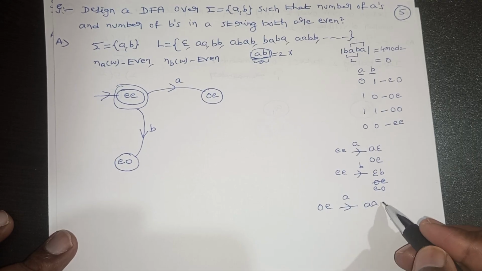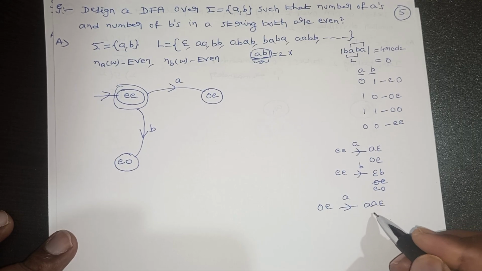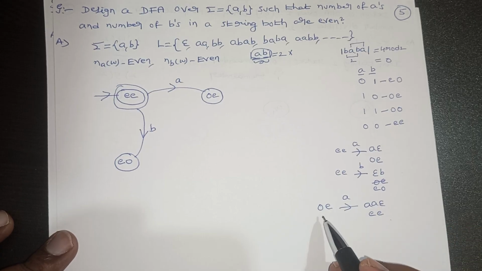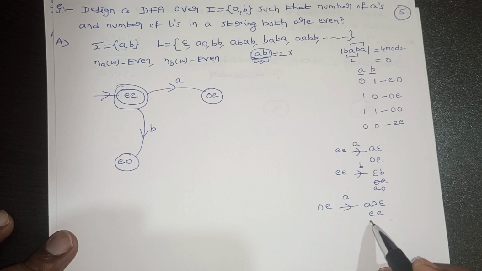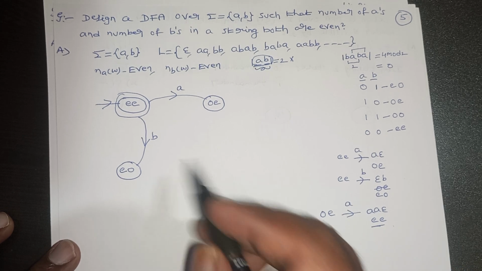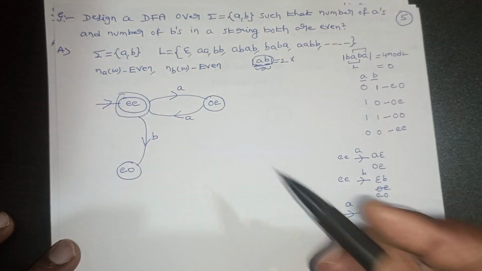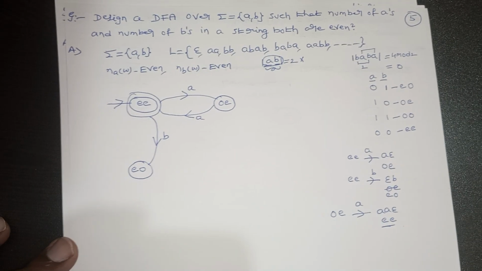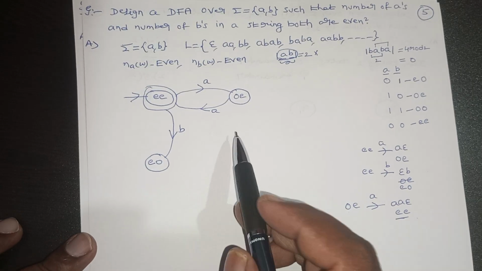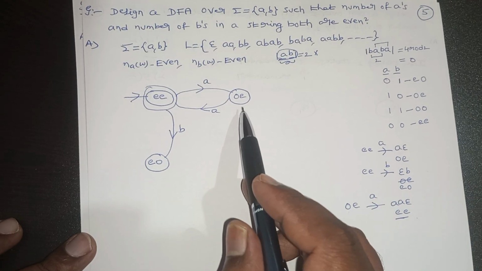Then epsilon B's, it means zero number of B's. Even number of A's, even number of B's. It means OE on A, I am going to the state EE.